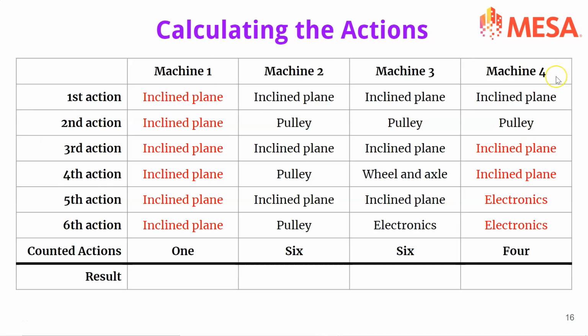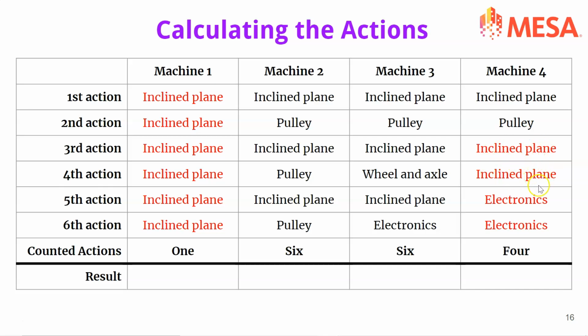And lastly, for student number 4, the first 2 actions, inclined plane followed by pulley, will count as 2 actions. For the third and fourth action, because they're exactly the same, going from one to the next, third and fourth action will unfortunately only count as 1 action.